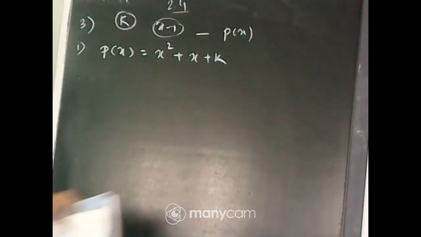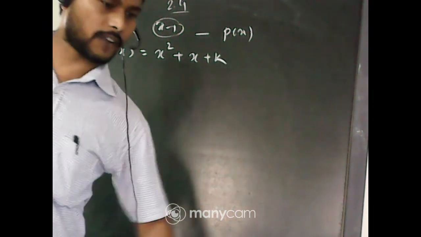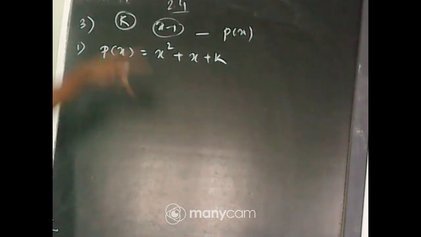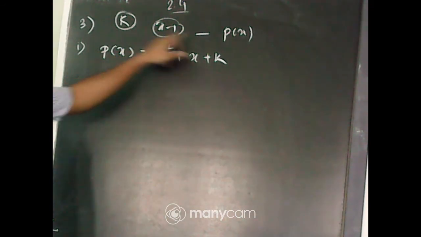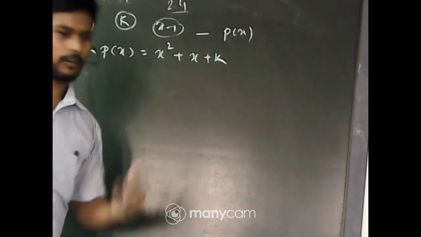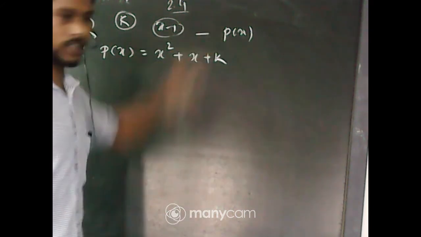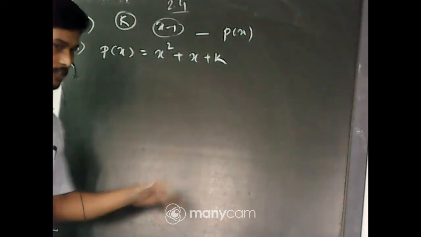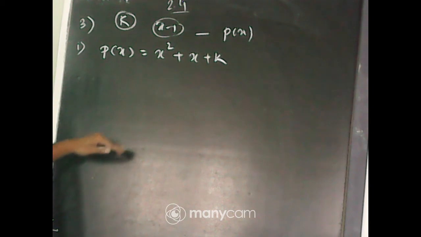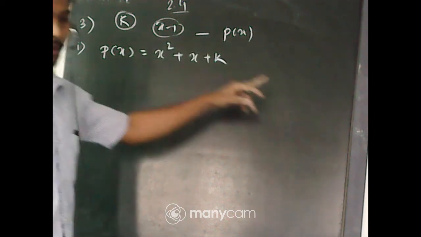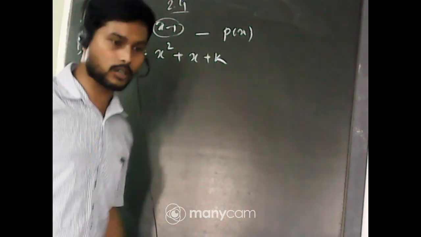Now try to recall the definition of the factor theorem. x minus 1 is a factor of p of x when p of 1 is equal to 0. The converse part I have written here: x minus 1 will be a factor of p of x if p of 1 is equal to 0.